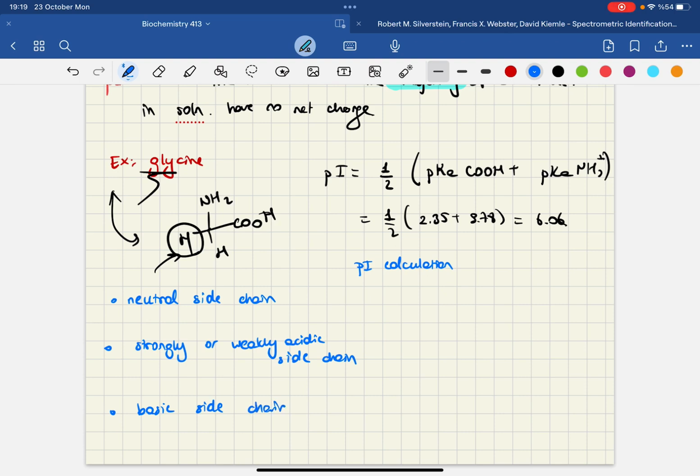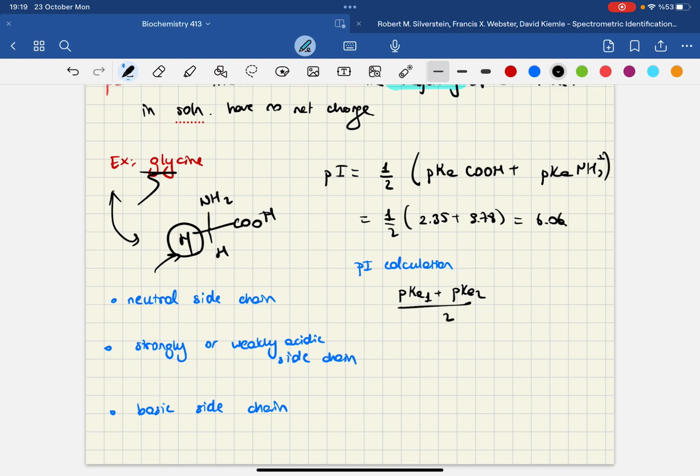How do we do the pI calculation? For the 13 amino acids with a neutral side chain, pI is the average of pKa1 and pKa2. This is the average of them.